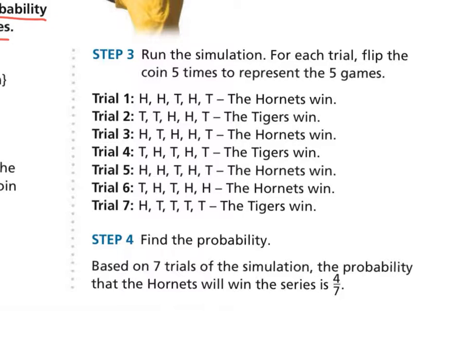And again, if they win at least 3, then they win. So there they won 3, so they won. There they only won 2. There they won 3, so they win. Okay, so you look through this whole thing, then you can see what's happening.